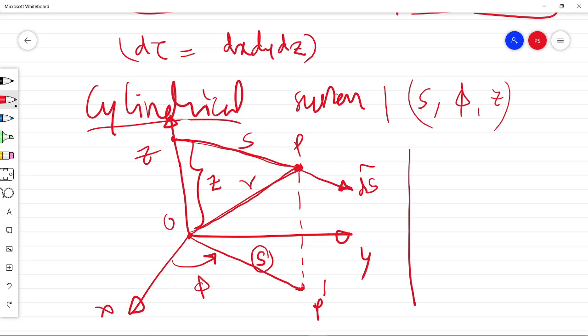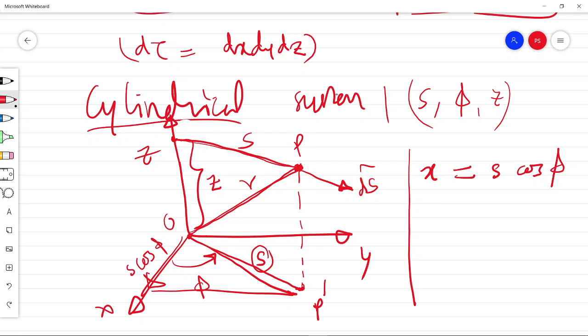Now the relations which involve transformations from Cartesian to cylindrical system are x is equal to s cos phi. This is straightforwardly clear. Since this is s, its component along x is going to be s cos phi. Then y would be just s sin phi.